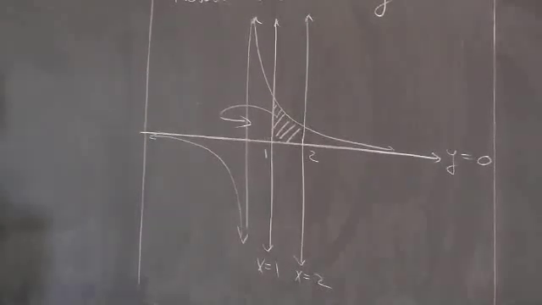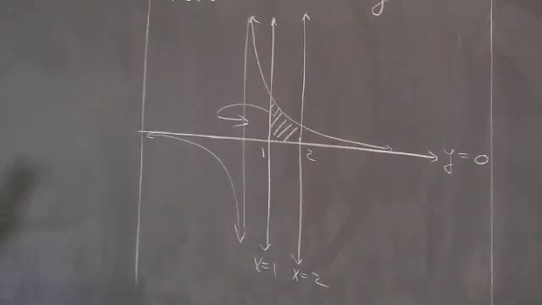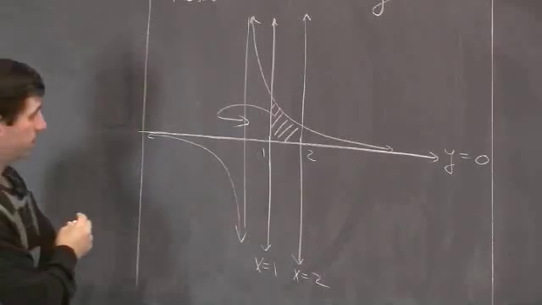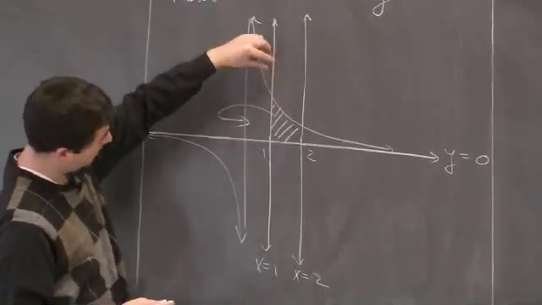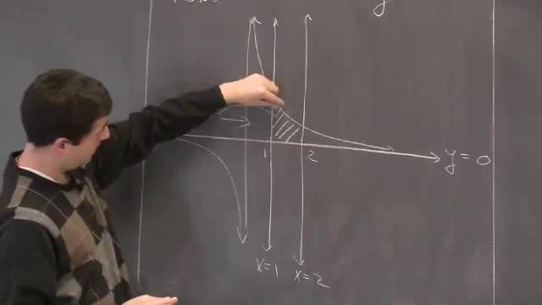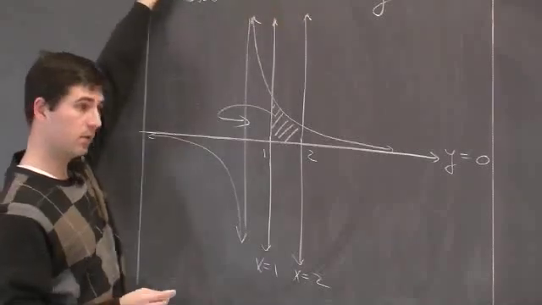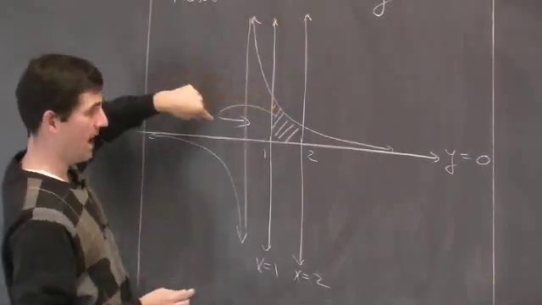So, step 2, identify which method. So let's see. We start off by thinking to ourselves, our stuff is given in terms of x, and we're rotating around the y-axis.